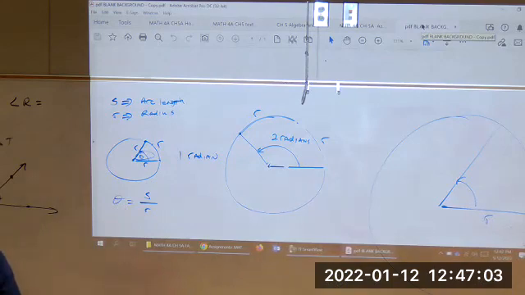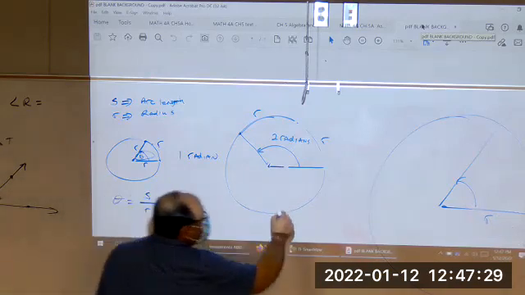Back to the beginning of today, unit or dimensional analysis. The length of the arc is a distance, so it would be inches, centimeters, feet, whatever. The radius is also a distance, inches, centimeters, feet, whatever.